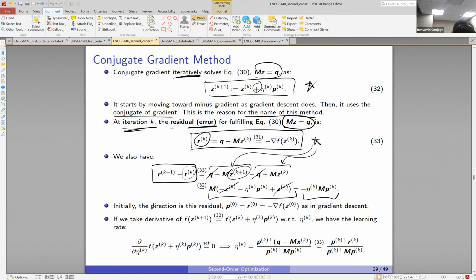Okay, now the initial direction, initially the direction is this residual. I'm deriving this p k in the conjugate gradient algorithm. So initially it uses this minus gradient. And when I said it's gradient ascent, I made a mistake. It's gradient descent. Why? Because this plus also has minus here.